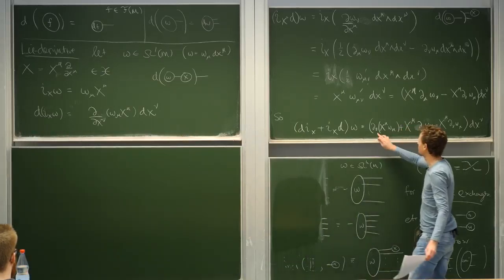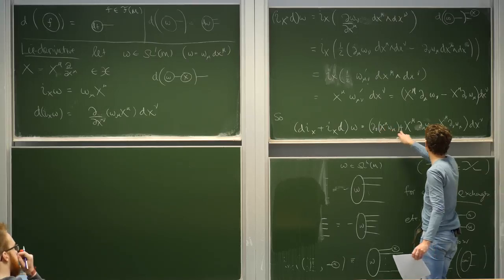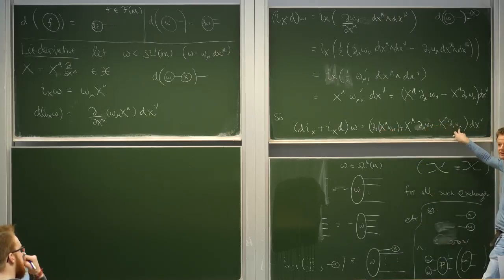So we get two terms here from the product rule, d nu x mu omega mu and x mu d nu omega mu. So that term vanishes.